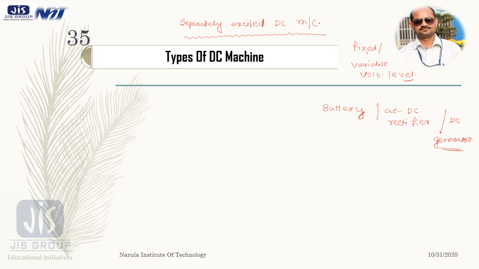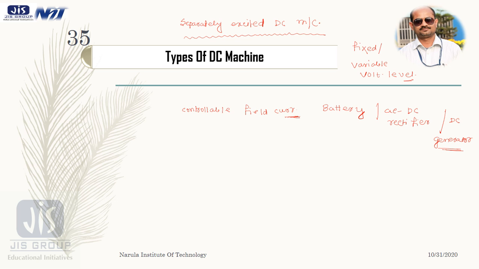So we require controllable field current, so that we can control the magnitude and direction of the magnetic field which is produced.